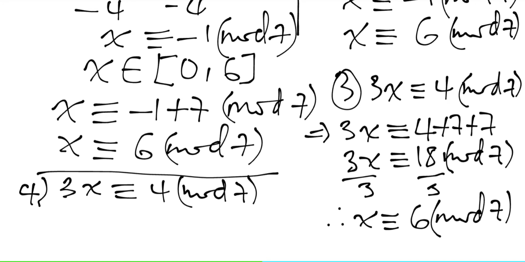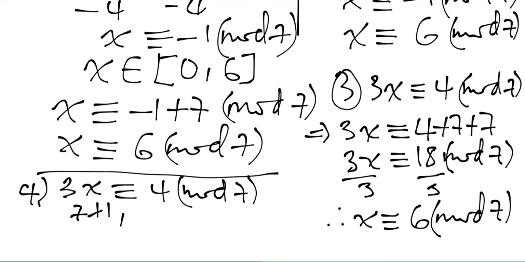To do this, you take multiples of the modulo. So I'll verify 7 plus 1. The aim is to look for a multiple of the modulo that, if I add 1 to it, would be able to cancel with 3.